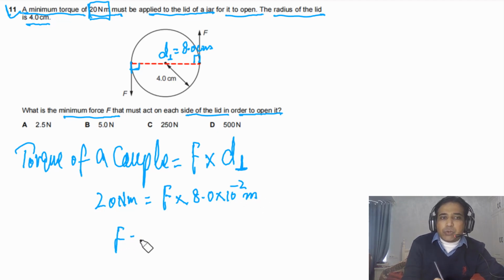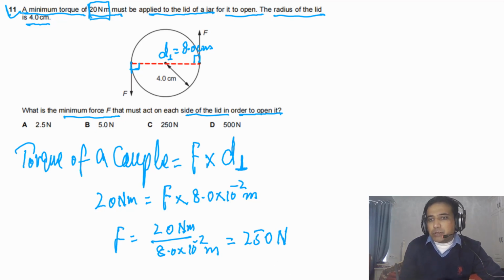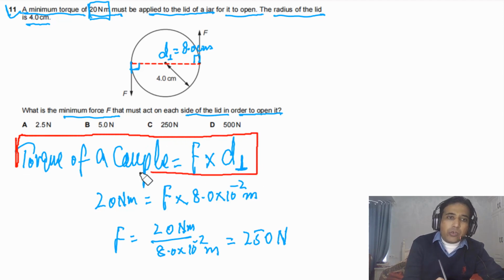If we simply solve this, we have 20 newton meters divided by 8.0 times 10 to the minus 2 meters, and our final answer will be 250 newtons. Pretty straightforward question. The main concept is how to calculate the torque of a couple. So the answer for this question has to be C.